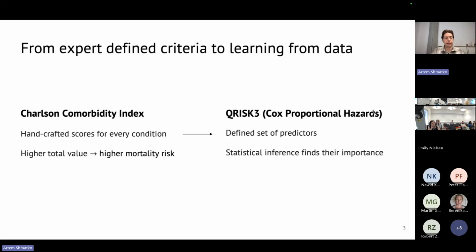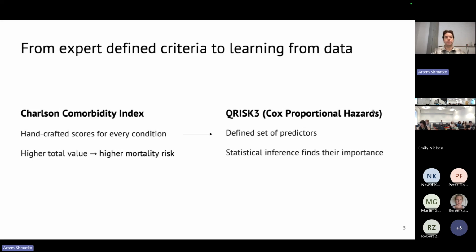For example, in the 80s of the previous century, the Charlson Comorbidity Index was introduced. The way it works is that there were handcrafted weights people get for every condition, for having diabetes, for having stroke, for being old, and so on.